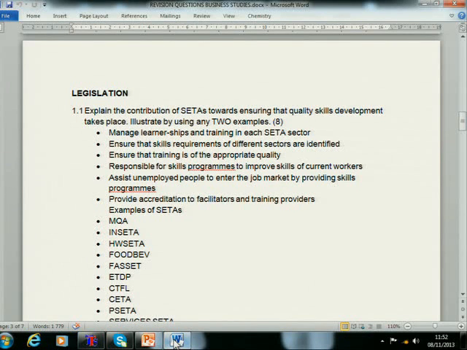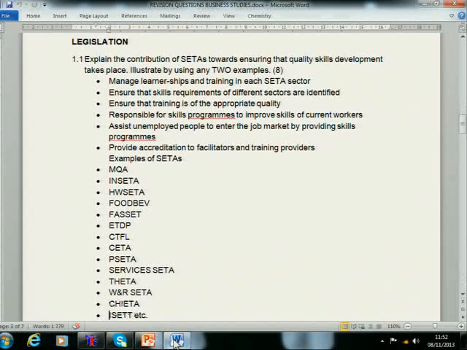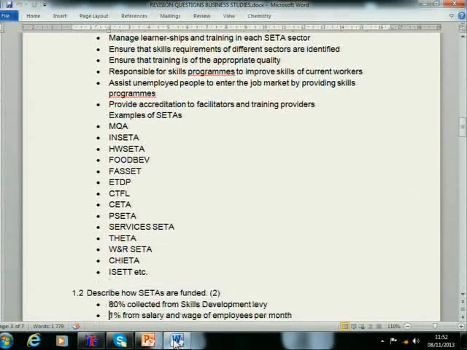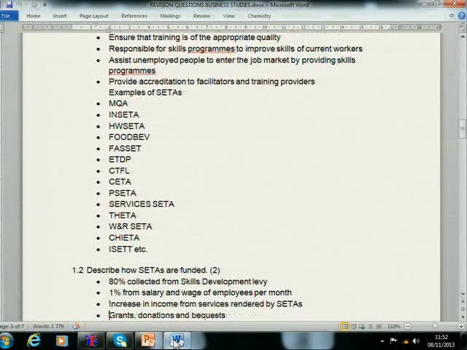Examples of CETAs. These are some of the examples. Like I indicated in the presentation, there are 28. I made an example with only 3 there.